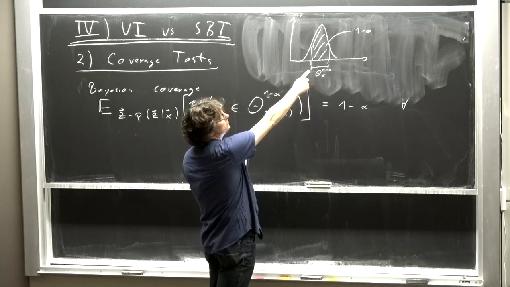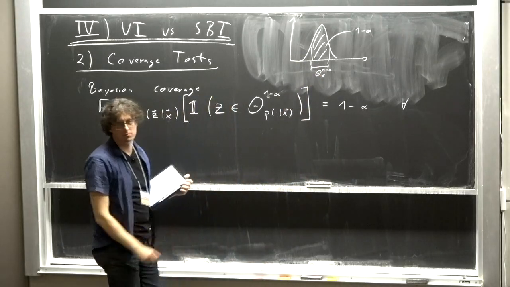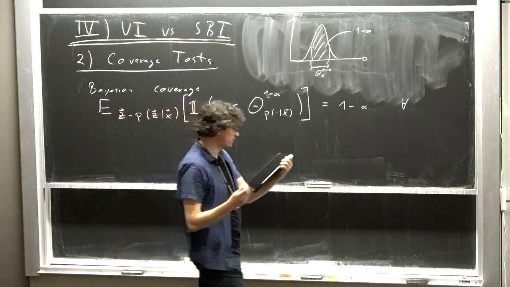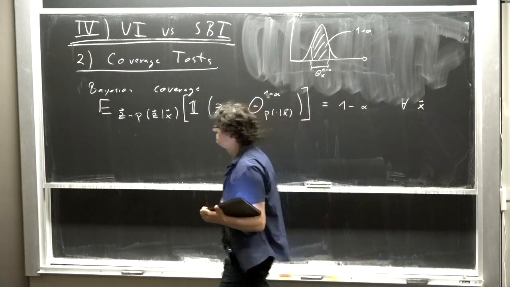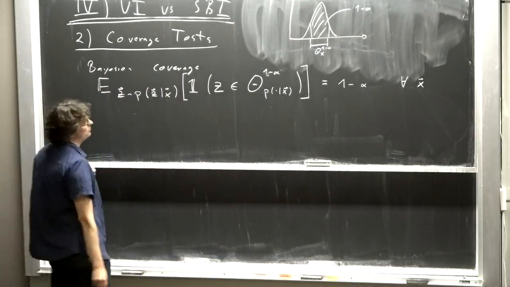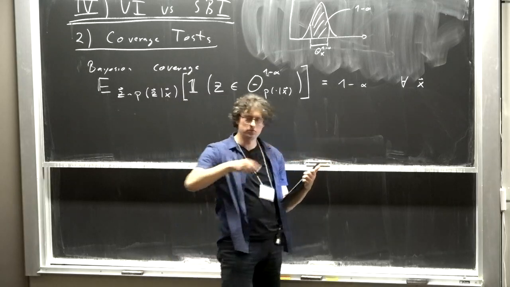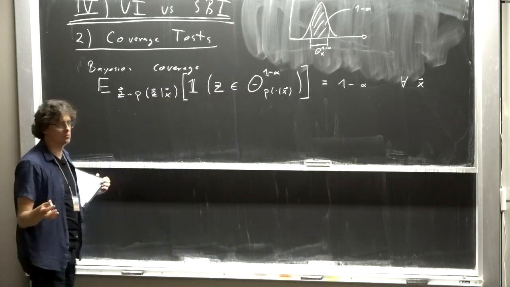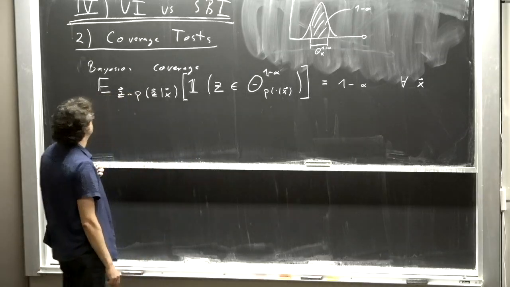So if 68% of the mass sit in this region, then also 68% of the samples should be in the region. And for a family of Bayesian credible regions, we would now expect that this holds individually for every observation. No matter what you observe, you would expect this property to be true, okay?